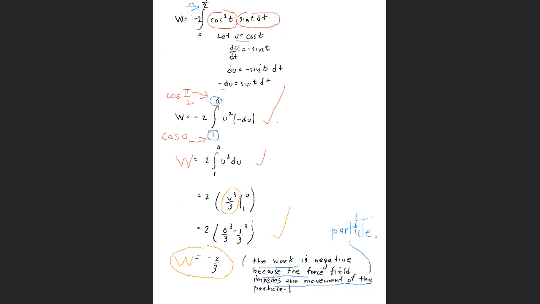Well, the wind is acting against the movement of the particle. So therefore, we would expect the work to be negative. And once again, in MATLAB, I have a program that will draw that picture for you, that figure 12. That can be helpful. Are there any questions on that?